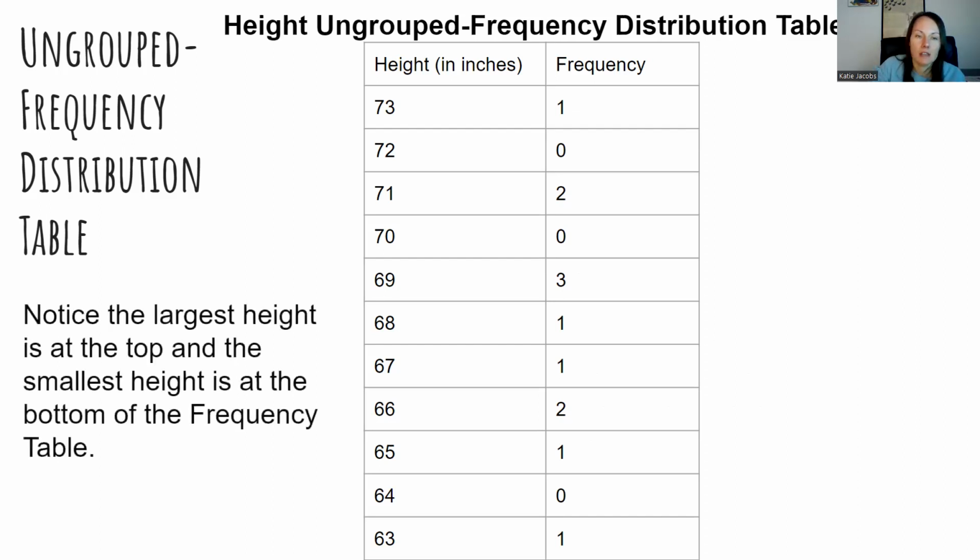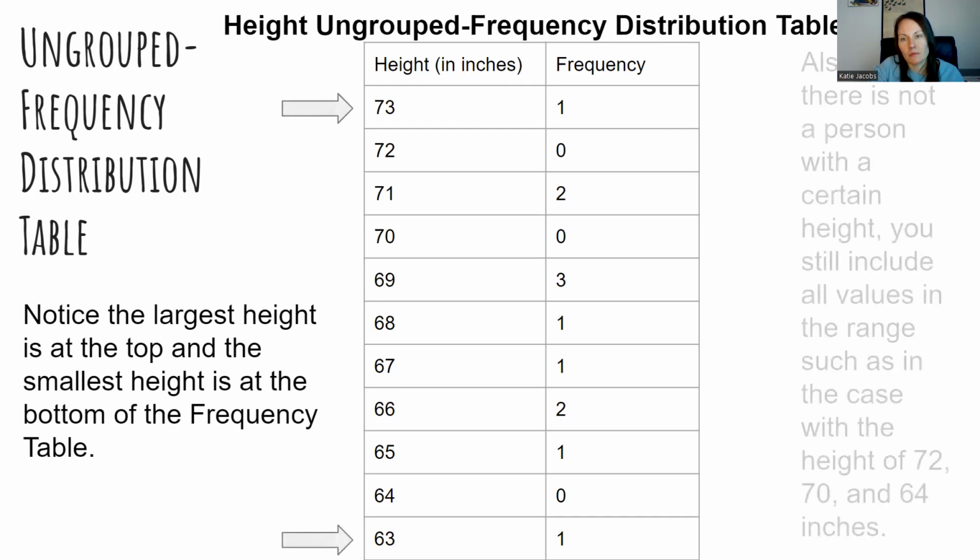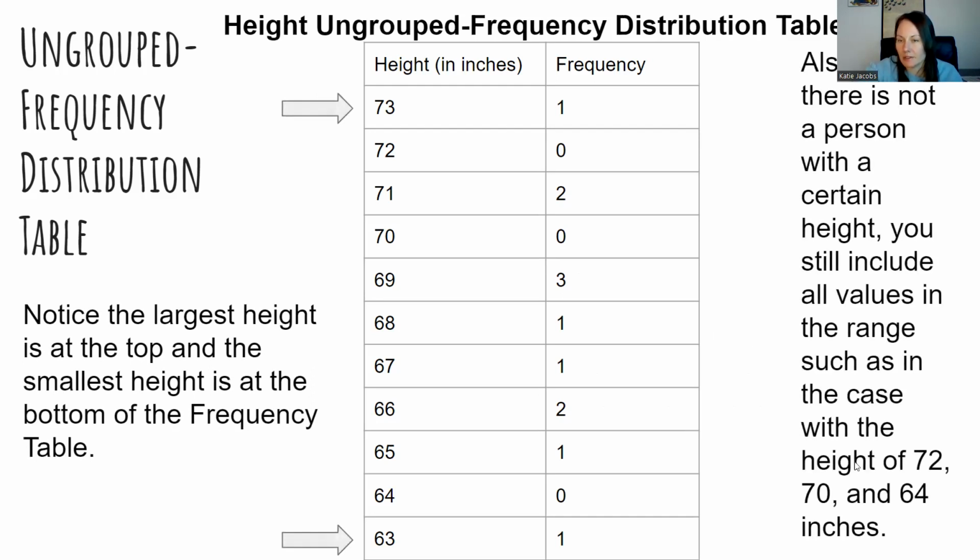So again, notice the largest height is at the top and the smallest height is at the bottom of the frequency distribution table. Also note that if there was not a person with a certain height, we still included all the values in the range, such as the case with the heights of 72, 70, and 64 inches.